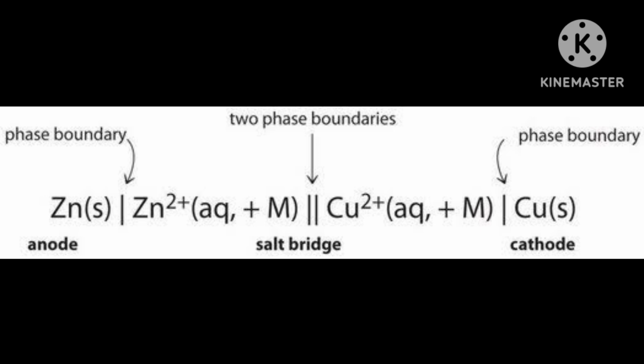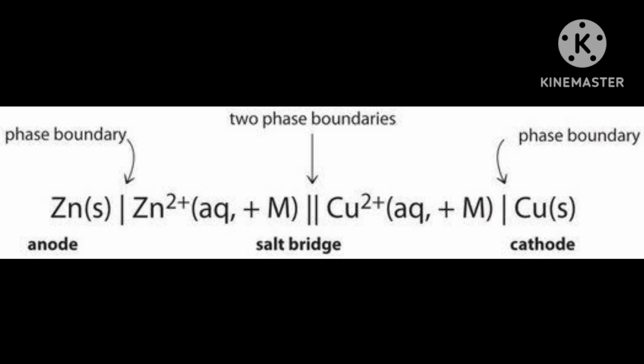Then the calomel electrode I will discuss later on. Calomel means Hg2Cl2, mercurous chloride. That is called calomel. That electrode is considered a secondary reference electrode.